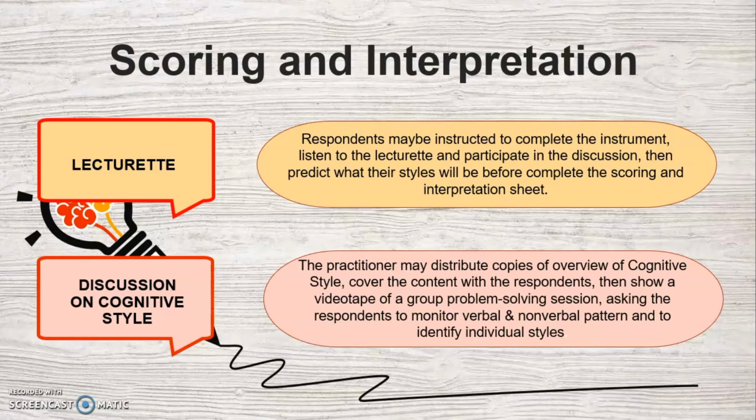But if the practitioner wants the respondents to practice identifying style, the practitioner may distribute copies of the overview of cognitive style, cover the content with the respondents, then show a videotape of a group problem-solving session, asking the respondents to monitor verbal and non-verbal patterns and to identify individual style.